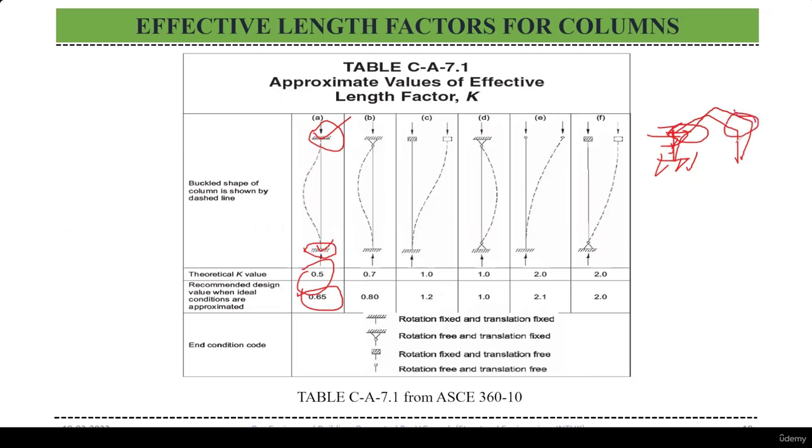Always we are going to use sway frames. That's why AISC has given deflection limits also. So we are going to use sway frames, and there should definitely be some sway. So this condition will not be applicable in our PEB sections.